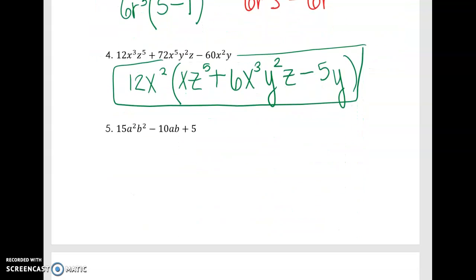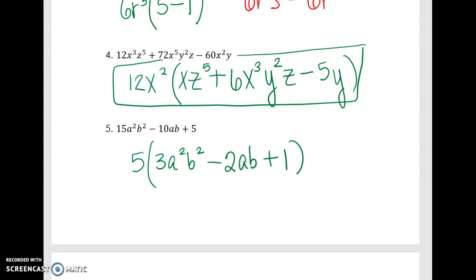Number 5, not all the terms have variables, but they do all have a common factor of 5. Factoring out the 5, I would have 3a squared b squared minus 2ab plus 1. Again, I need to put that 1 in there because the last term is plus 5 for that one.